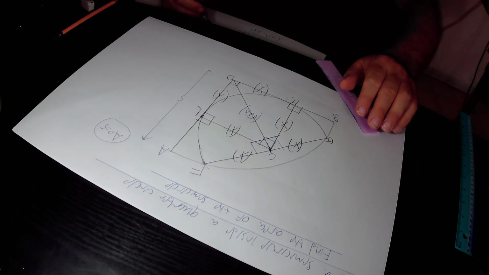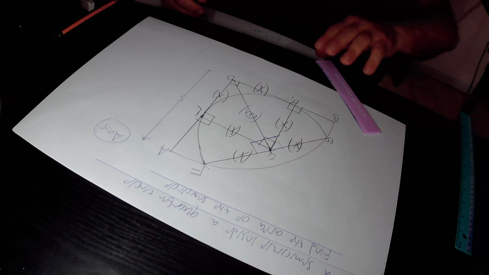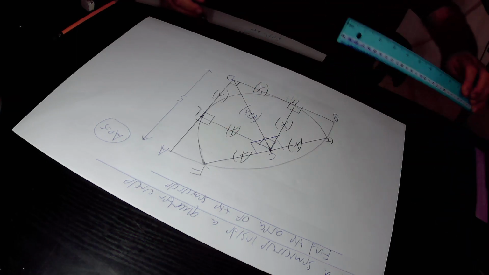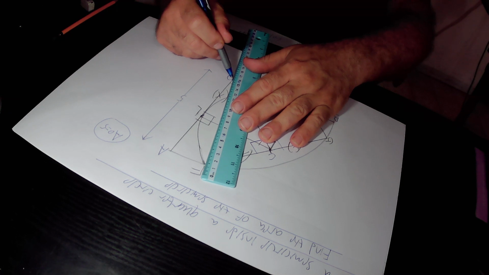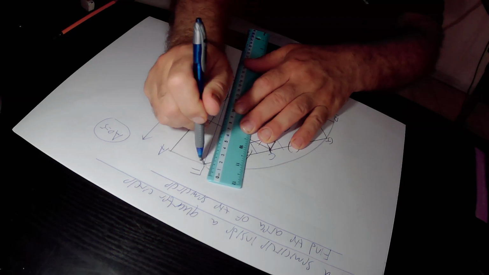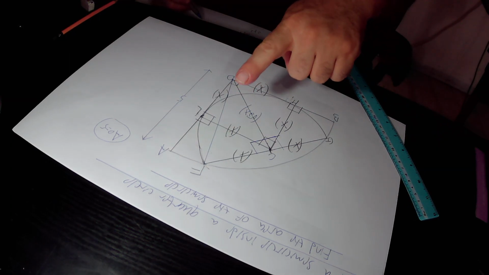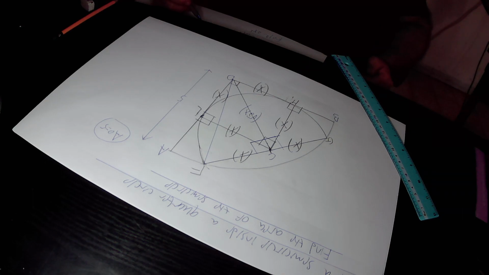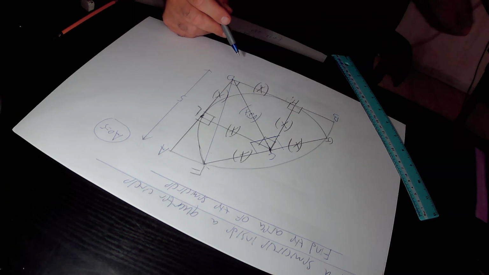In the next step, we will join points O and F together by a straight line. What is the definition of line segment OF? Line segment OF starts from point O, that is the center of the quarter circle, and ends at point F, that is a point on the quarter circle itself.